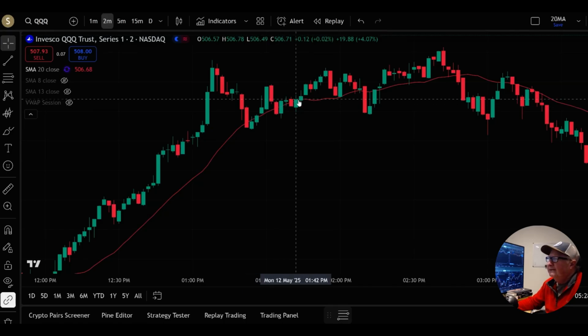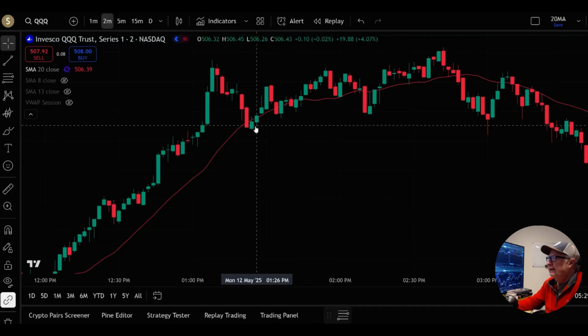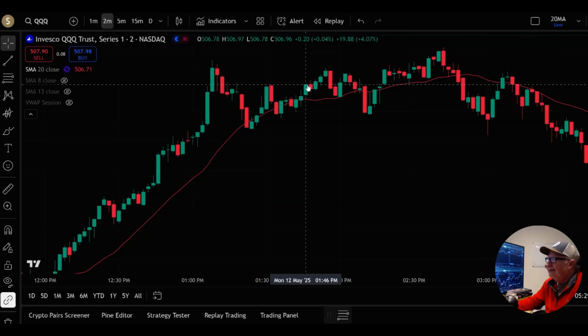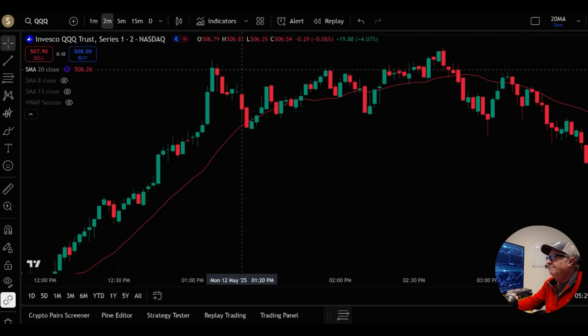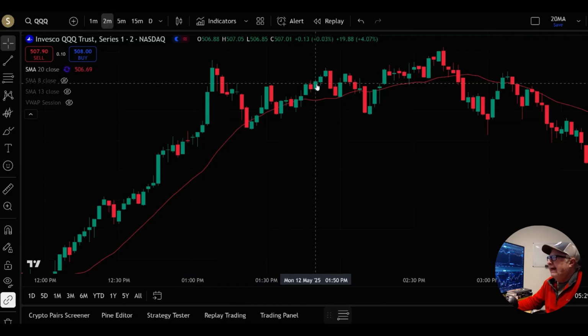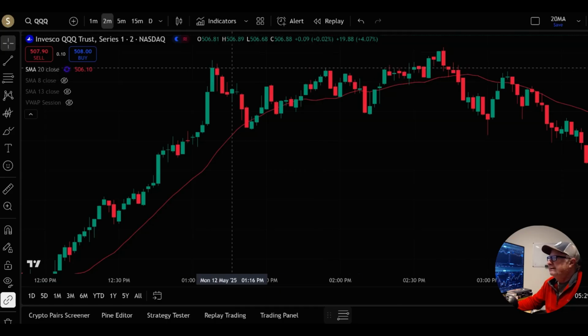Again, one of the reasons I like the 20, but it was hard to find a setup based just off the 20 here because we had resistance. Here we had a decent setup, a power move higher, but we didn't really get anywhere because that moved right into another resistance level. So we had a buy setup that worked, right? A move off the 20 that worked, and we had resistance, and that's kind of where we got to.